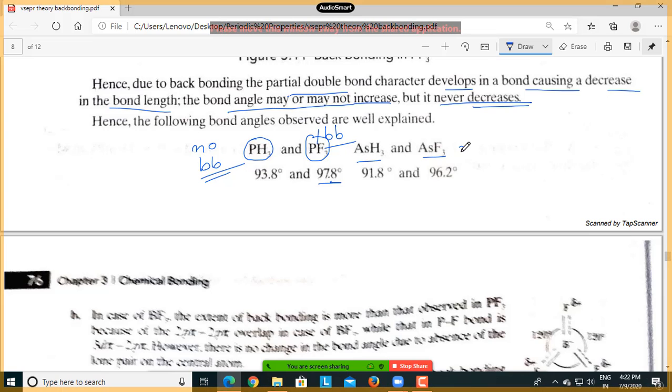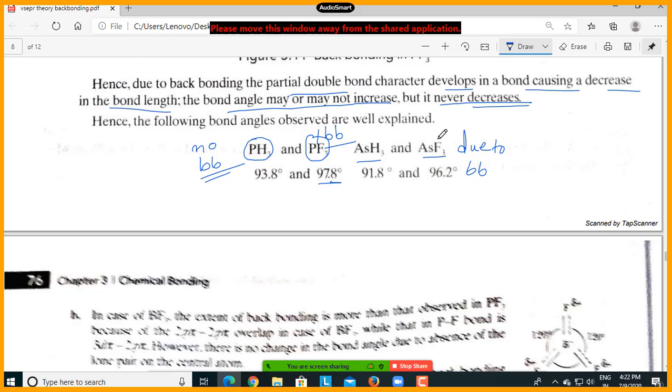So let me explain the boron trifluoride.